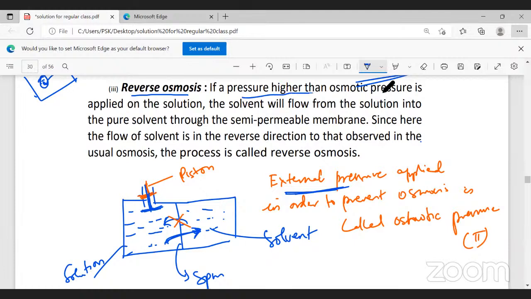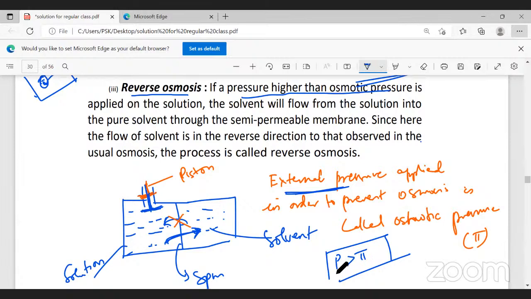The external pressure applied in order to prevent osmosis is called osmotic pressure. That's pi. If we apply extra pressure which is greater than the osmotic pressure, I'm just showing it as P greater than pi. P is the excess pressure. Pi is the osmotic pressure.